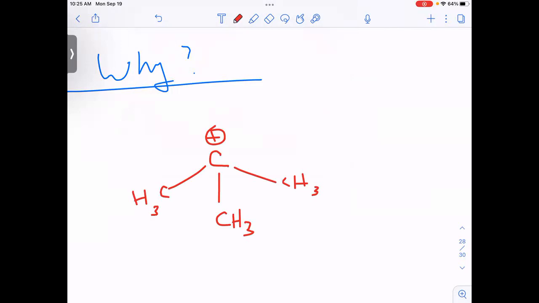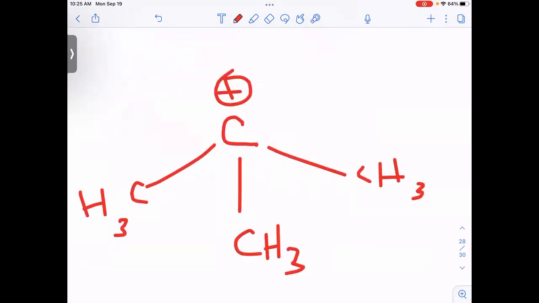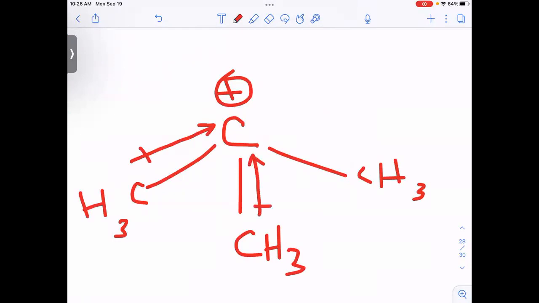So for the tertiary carbocation, these carbon bonds adjacent to it, there's a small dipole for each one of them going towards that plus charge. Everybody remembers dipoles, or at least most of you should remember, right? That carbon is sp2 hybridized.